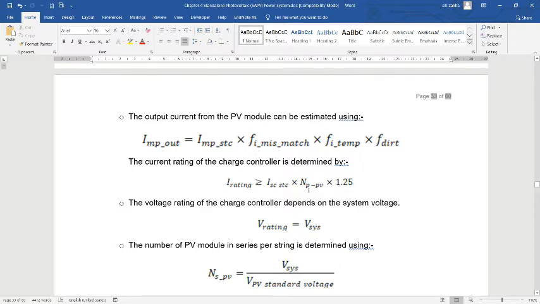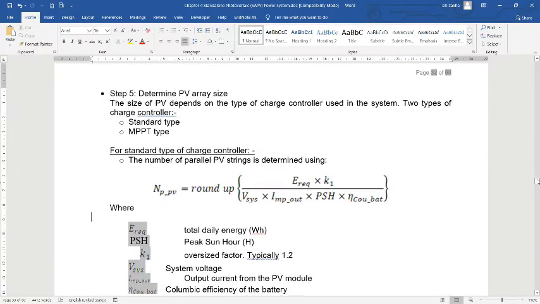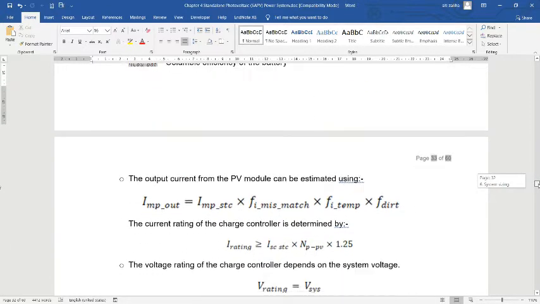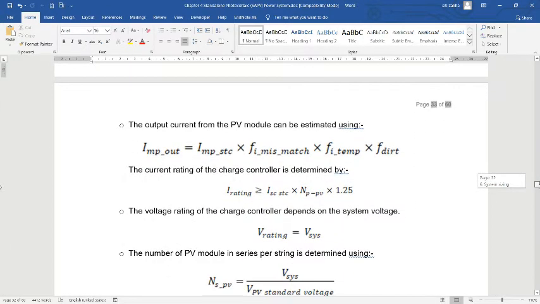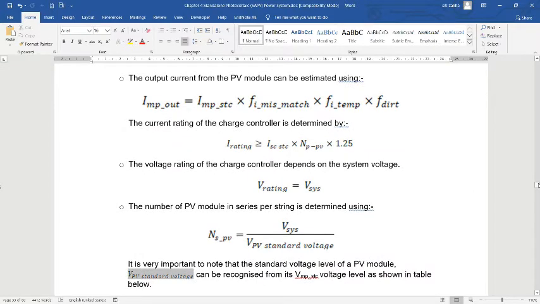So this one you already calculated in here, NPPV, multiplied with 1.25. So this is the current rating of the charge controller.